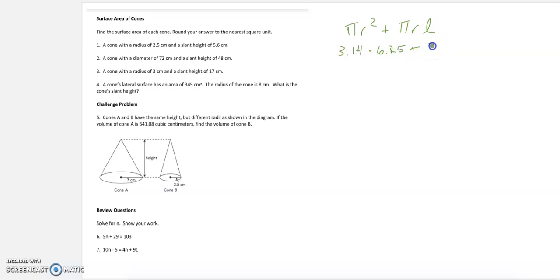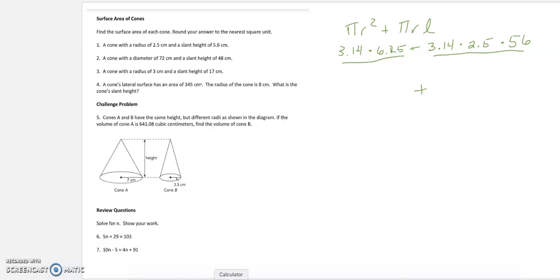Plus, we have pi, 3.14, times the radius, which is again 2.5, times the L, which is the slant height. It has a slant height of 5.6. So much like with the surface area of a cylinder, we're going to do the one side, then do the other side, and then add them together.